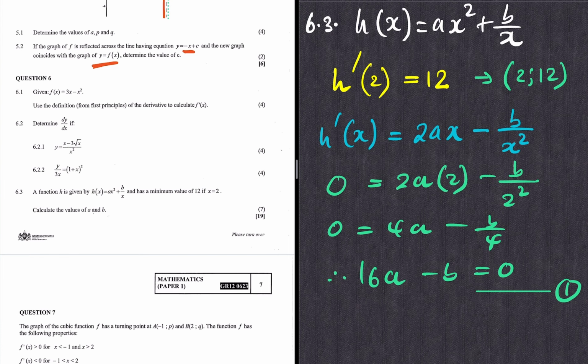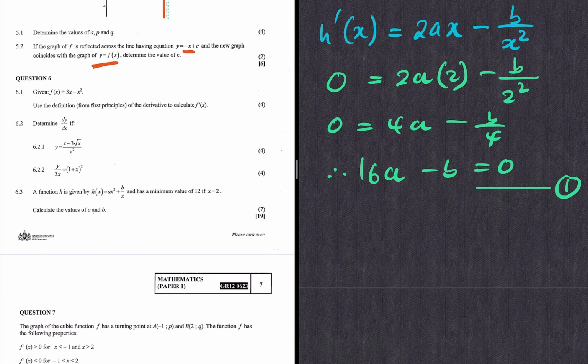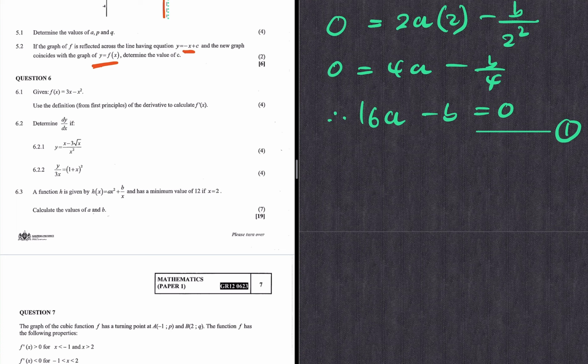The other one: this is the minimum point, but 12 is the minimum value. Because that point passes through h, I'm going to substitute it. H of 2 is equal to 12 as well.